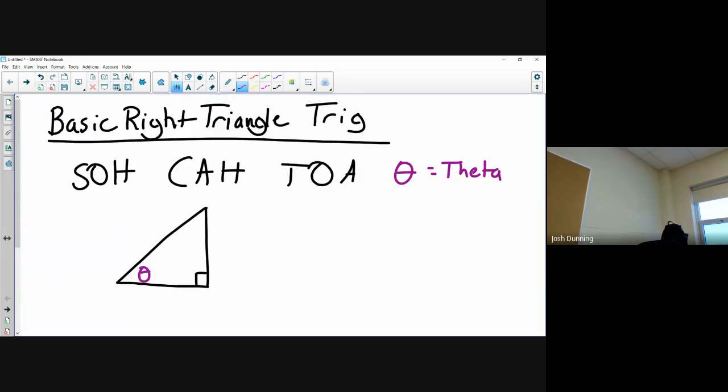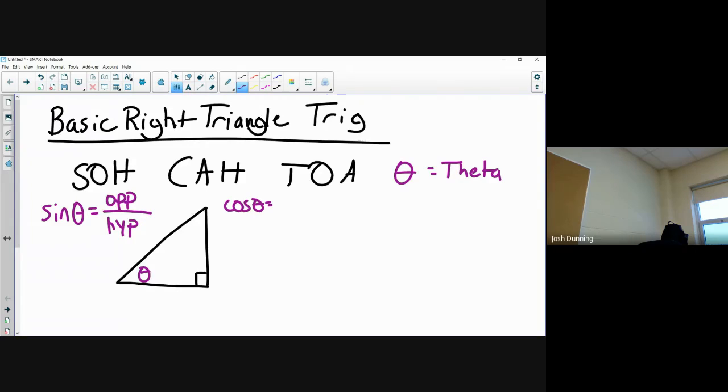So these ratios, sine, cosine, and tangent. The angle comes right after the 3 letters. It's the input. This is what the SOHCAHTOA does for us. Sine is opposite over the hypotenuse.